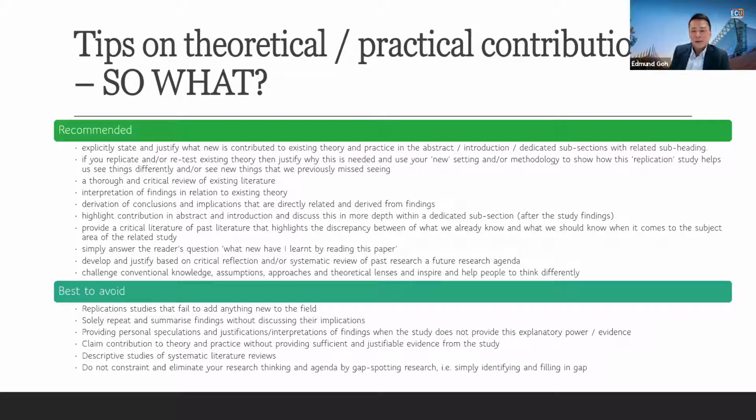But there needs to be some contribution, whether it's about advancing theories or about the practical contributions of the systematic review. More often than not, we see systematic review papers that are highly descriptive of who did what and so on, which we need to avoid.